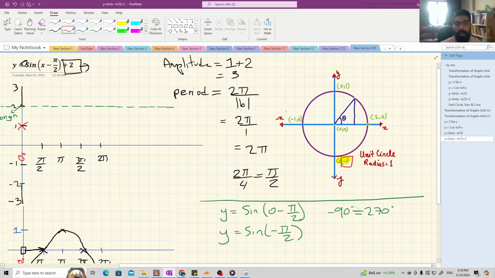Similarly to the previous one, we are going to go counterclockwise and look at our y-axis. Here it is at 0, so imagining that this was our origin, 0, 0, it's going to be right here. Then go to the next one, where we have a positive 1.